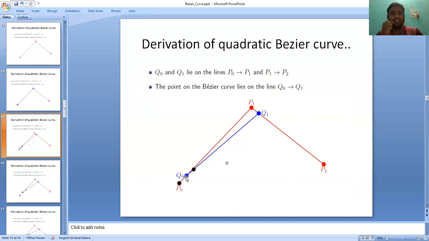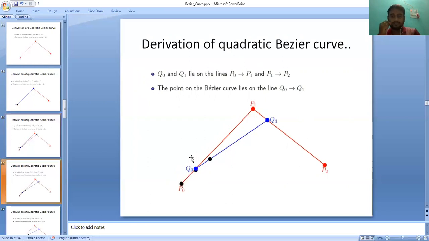So when we are shifting this parameter, we have to shift Q1 accordingly from P1. Let this distance be 0.2, then this distance will also be 0.2, and the point on the Bezier curve will also shift. So we already calculated the first point here and the second point here.